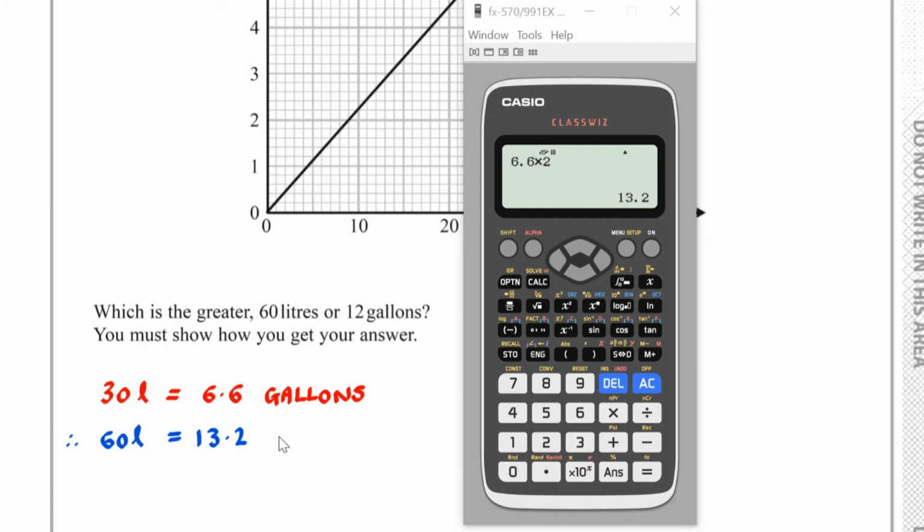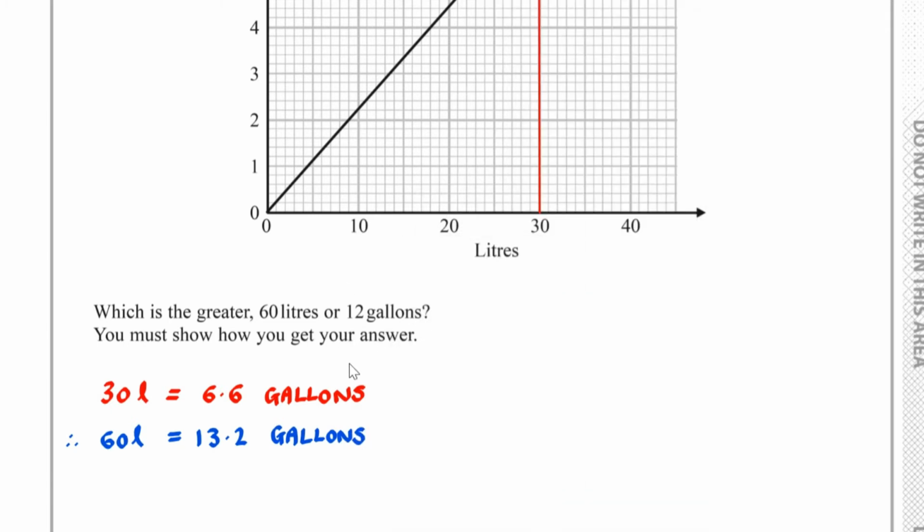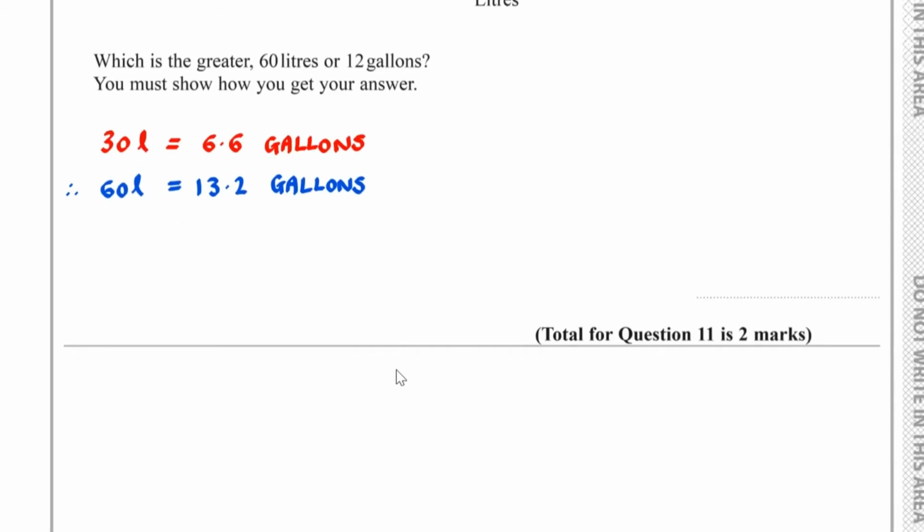So 60 litres is the same as 13.2 gallons, which is clearly bigger than 12 gallons. So which is greater? Well, that will be 60 litres.